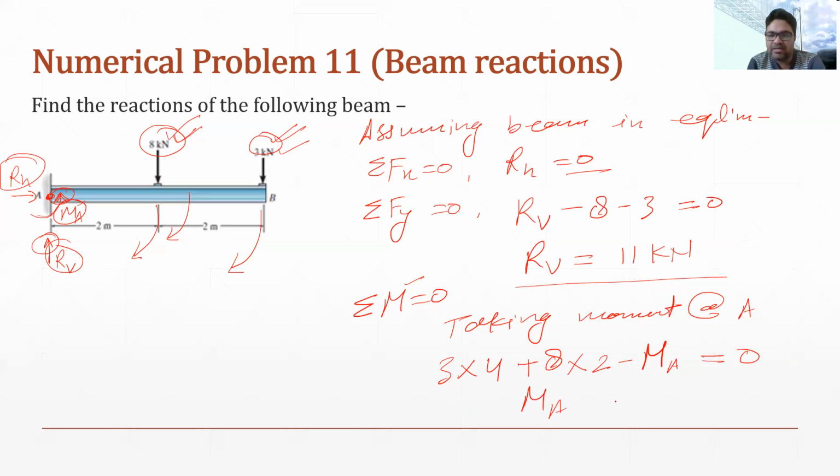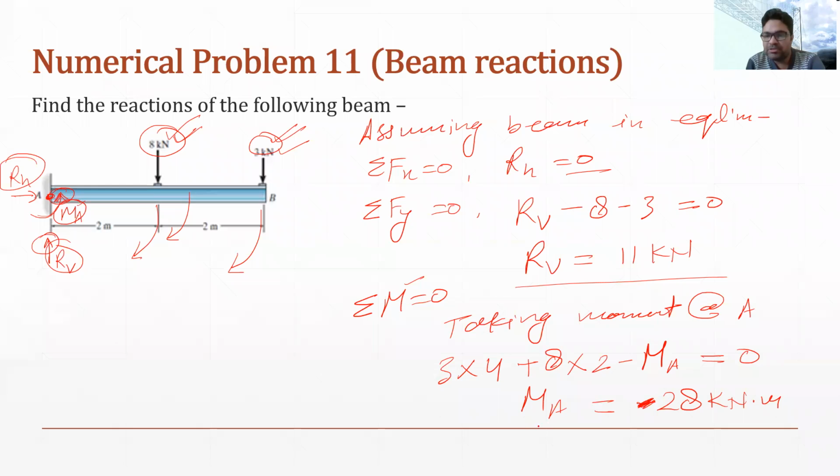Solving this, we get the value of MA as minus 28 kilonewton meter.